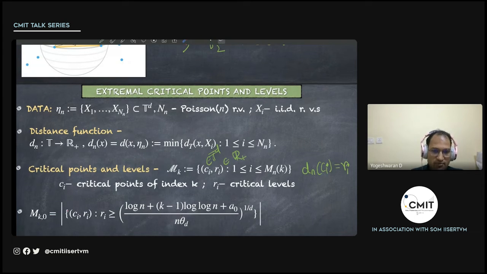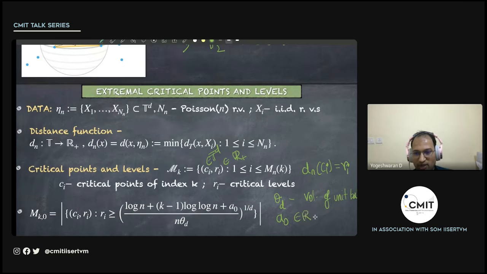Okay, so Mk0 is the number of critical points such that the critical level is greater than this factor. Let's parse this factor. Theta d is the volume of the unit ball in d dimensions. A naught belongs to R. It is some real number.